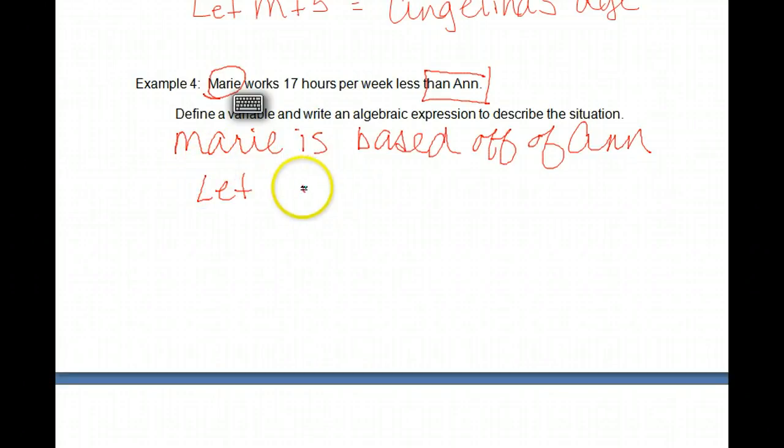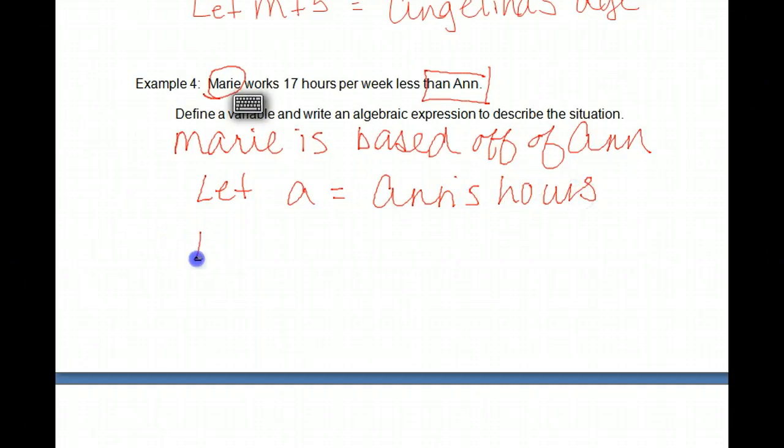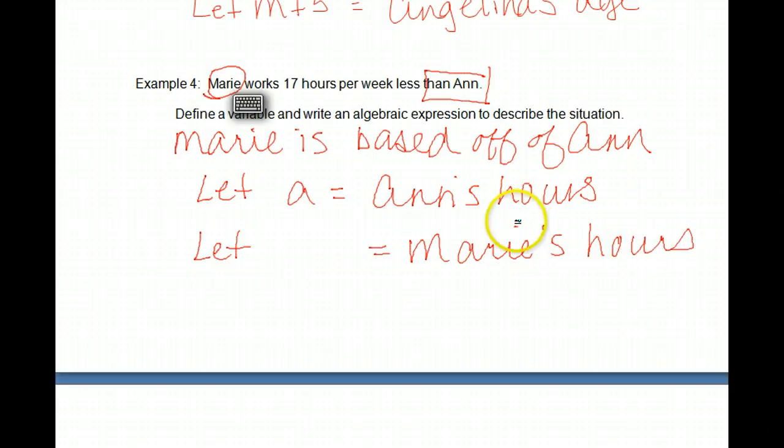So we can let A equal Anne's hours. And now we can start to figure out Marie's hours. Marie works 17 hours less than Anne. So if Anne worked A hours and Marie worked 17 less than that, that is a subtraction of 17.